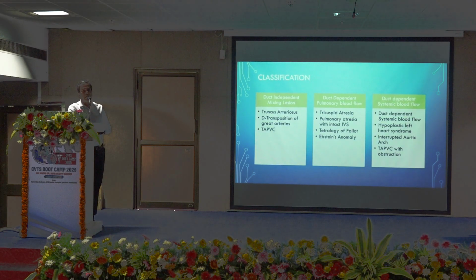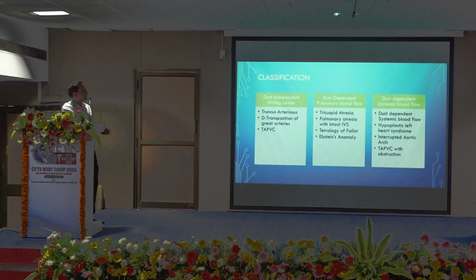Now coming to cyanotic heart diseases, they can be duct independent mixing, duct dependent lesions, and duct dependent systemic blood flow. In the category that is not related to duct dependent lesions, it is purely because of mixing: truncus arteriosus, transposition of great arteries, and TAPVCs.